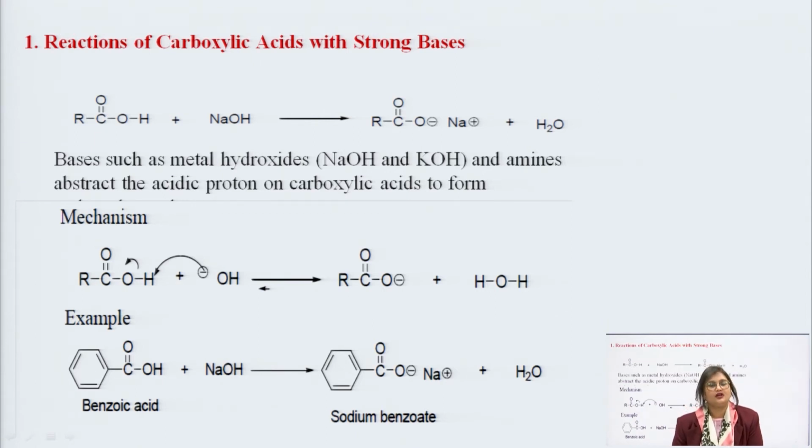Reactions of carboxylic acids with strong bases. Carboxylic acid RCOOH reacts with a strong base such as sodium hydroxide to form a sodium salt of the carboxylate ion, RCOO minus. Hydrogen atom is removed from the carboxylic acid.